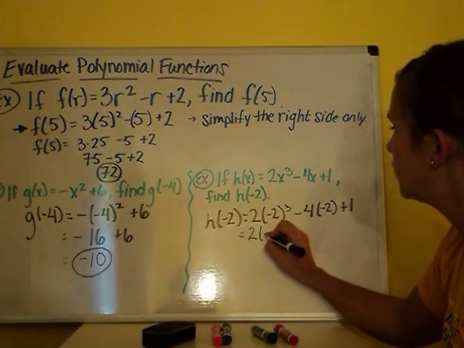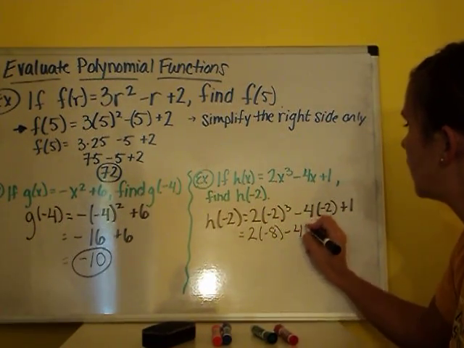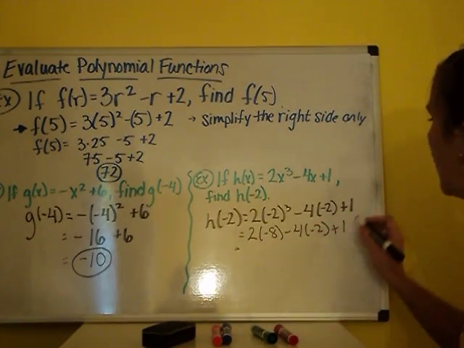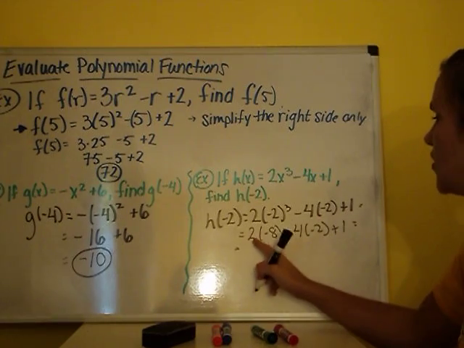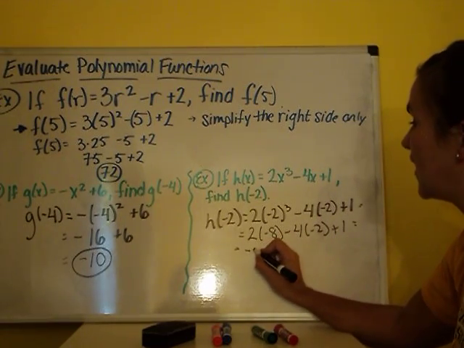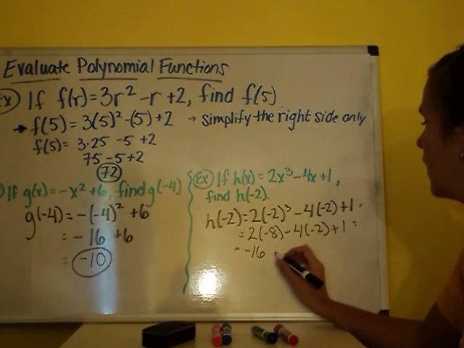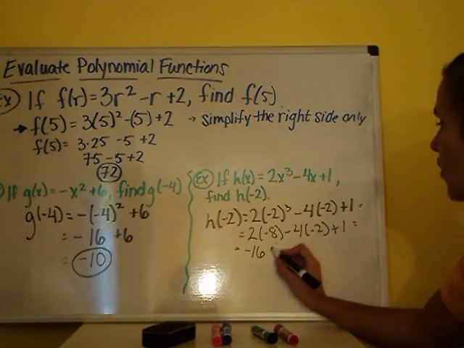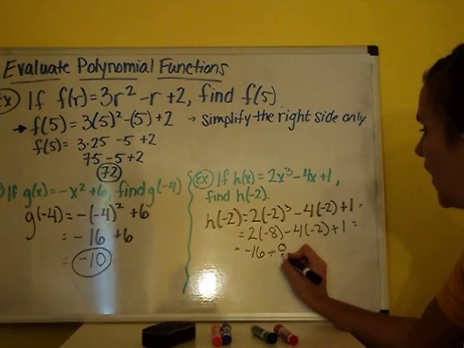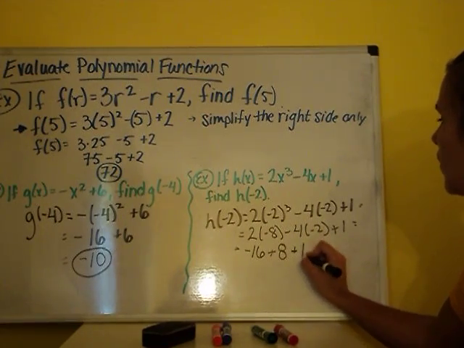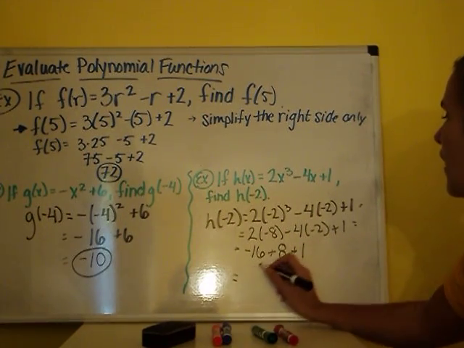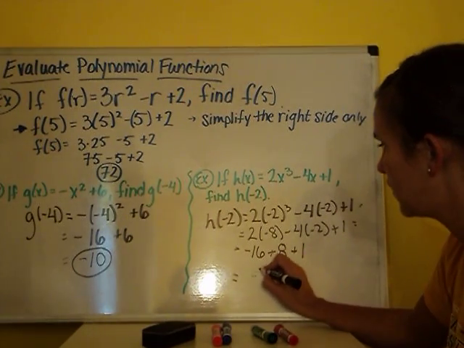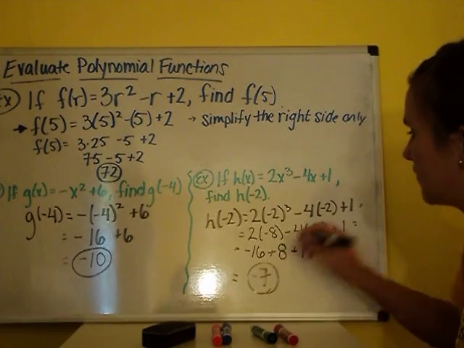So I'm going to have 2 times negative 8 minus 4 times negative 2 plus 1. Then we do multiplication, so 2 times negative 8 is negative 16. Then I have a minus 4 times a minus 2, which is going to give me positive 8 plus 1. Negative 16 plus 8 is negative 8 plus 1 is negative 7.